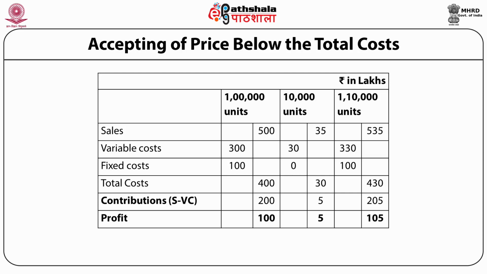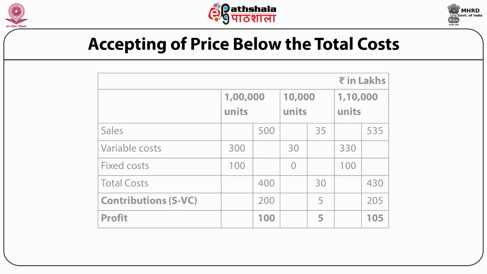The additional cost is only because of variable cost, which will increase, whereas the fixed cost will remain constant. So the total profit will increase from 100 lakh to 105 lakh. So in these situations, the company can accept these orders. The company can accept orders below the market price up to the level of variable cost.